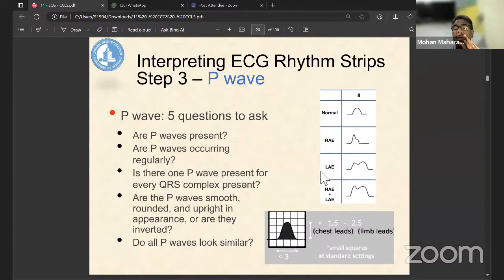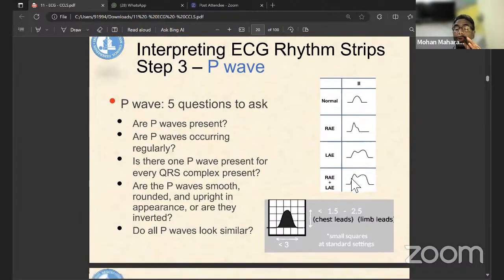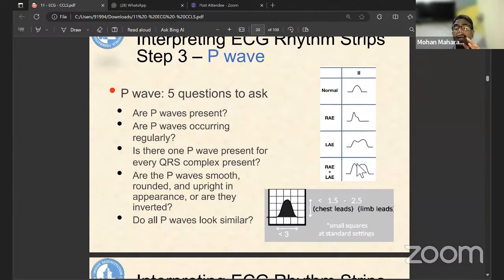At the same time, if we have left atrial enlargement, the P wave is automatically widened, looks like here, and that's called P mitrale. So whenever you have this, it is a left atrial enlargement. If you have right atrial enlargement, it is called P pulmonale. So P pulmonale means the right atrium has more enlargement and contracts first, whereas when the left atrium is enlarged, it has a P mitrale.